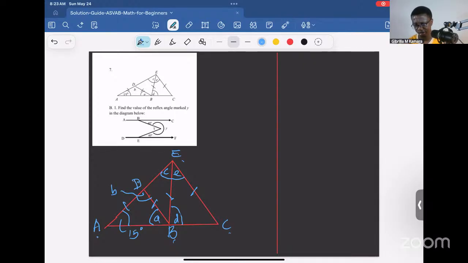All right. So let's try to solve this question. This is very easy. Okay. So this is what I'm going to do. I'll bring this one.